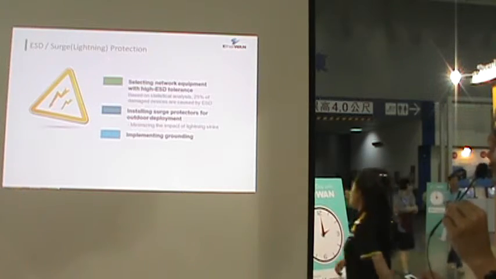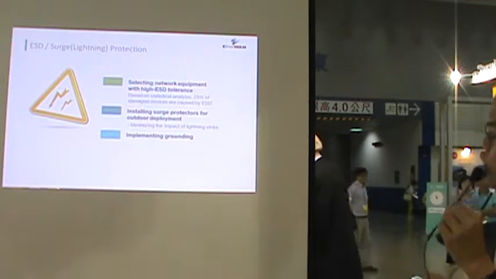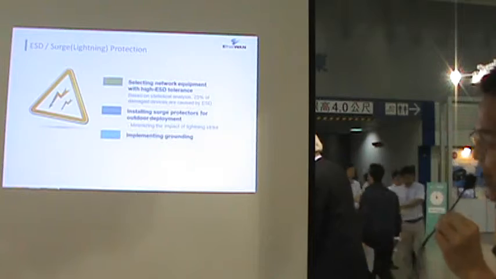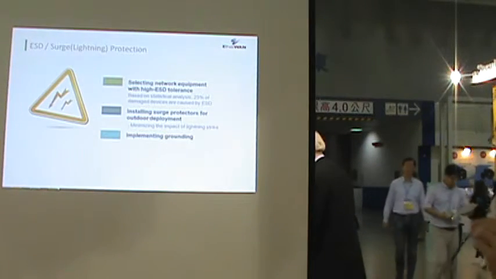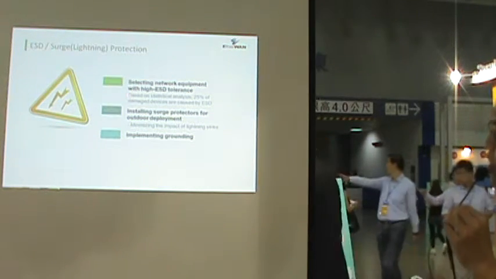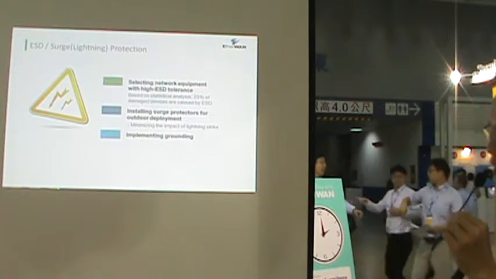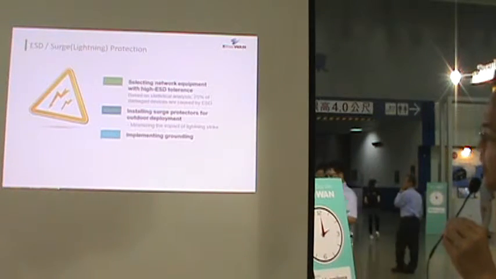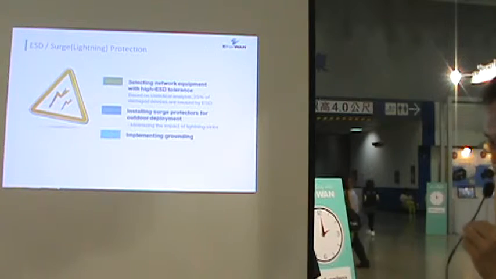Second thing, with regard to lightning strike, lightning can damage the device in two ways. The first is the device being struck by lightning directly. In this case, there's not much we can do about it.